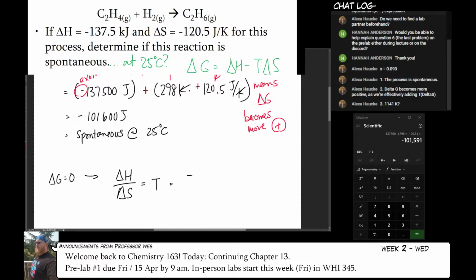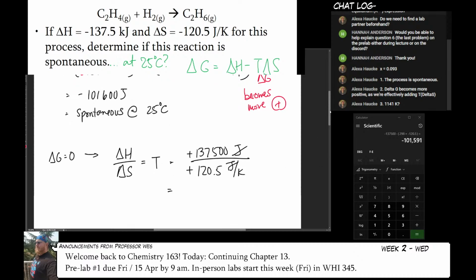So that's going to be minus 137,500 divided by negative 120.5. These both become positive. And what do I get? I got 1,141 Kelvin, which is what you got.